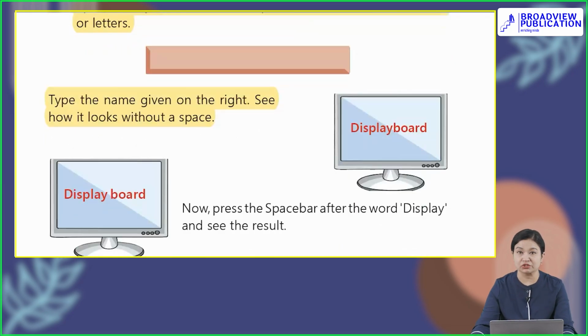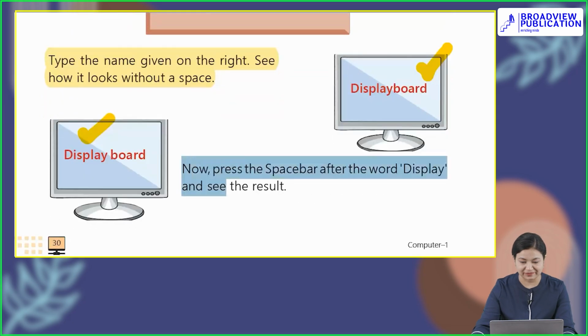Type the name given on the right. See how it looks without a space. As you can see, there are two pictures. One is without space and another is with space. So, see, this is the magic of space bar. Now press the space bar after the word display and see the result.